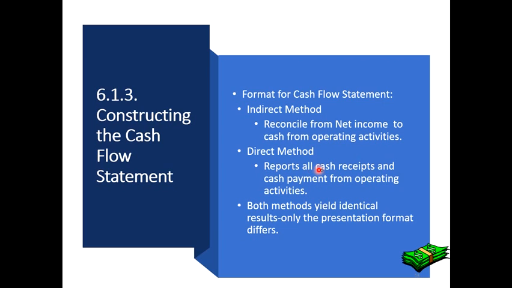Ni dia terus buat daripada operating activities, financing activities, investing activities. So both method yield identical results. Only the presentation format differs. So you tak kisahlah you buat indirect method ke direct method ke, at the end jawapan itu akan sama. Cuma cara presentation dia sahaja yang berbeza. Tetapi untuk Far340 kita hanya menggunakan direct method sahaja. Okay, saya akan ajar yang direct method.